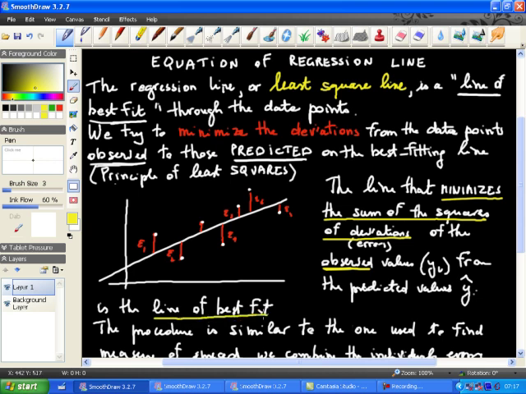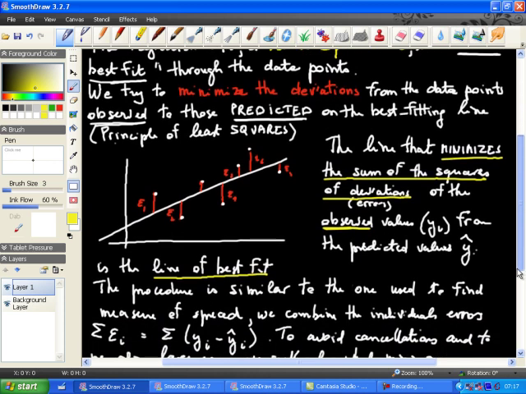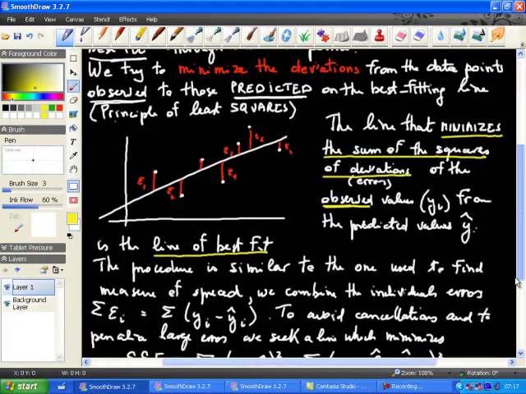This procedure is complex. It involves differential calculus and is similar to the one used in Intro to Stats to find the standard deviation and variance.